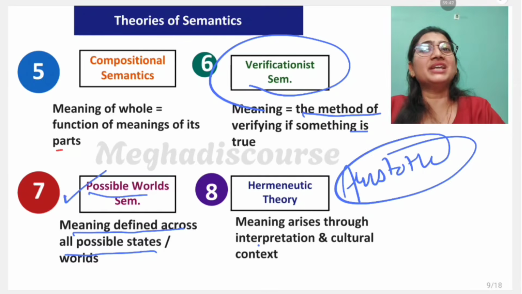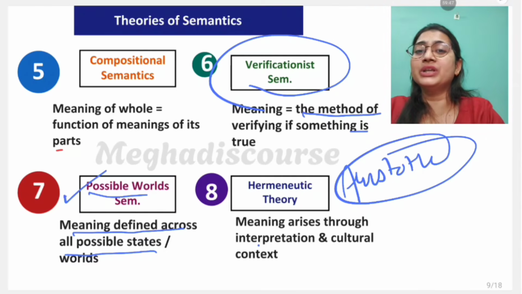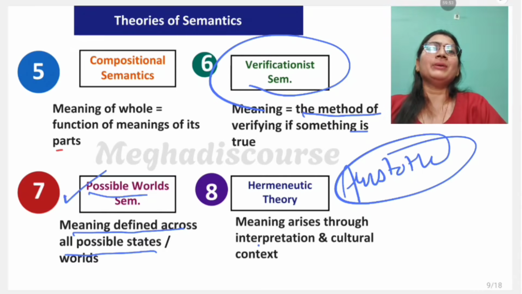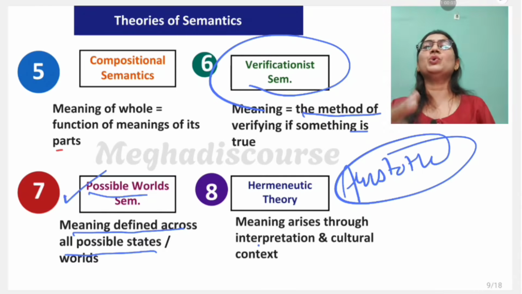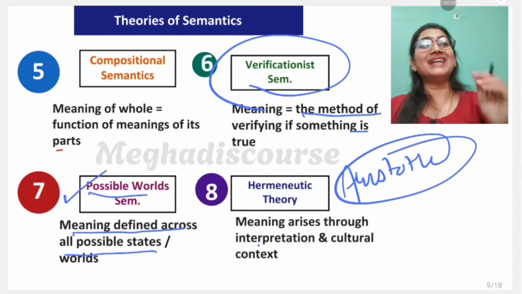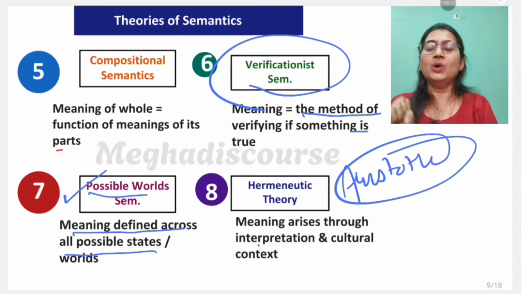You cannot say he is Aristotle to another name. You cannot substitute the name, because this is the name. This is the possible world. Okay. Like if I'm saying on Megha Discourse, you are learning linguistics. So this is true, possibly, because I have given you the proof. There are videos uploaded. So the possible thing, you cannot change that.